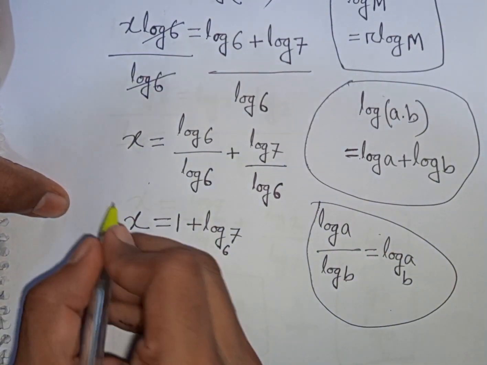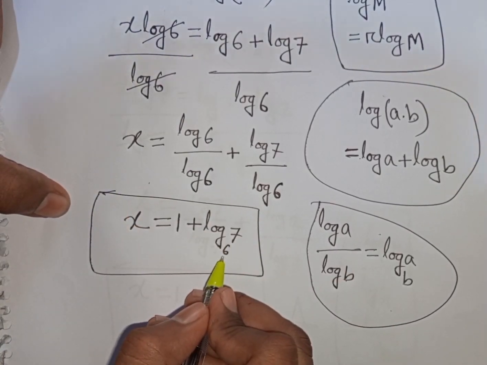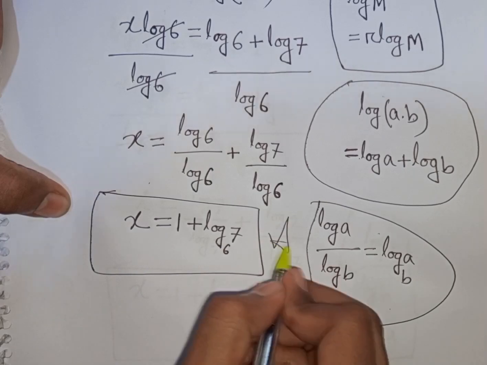So 1 plus log 7 base 6, this is the value of x, so this is our final answer.